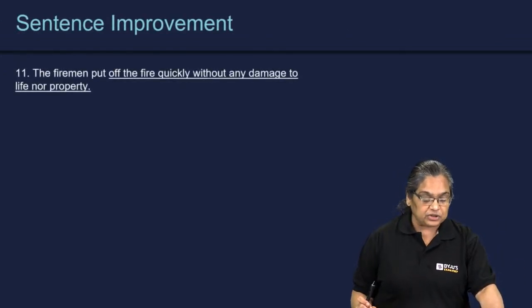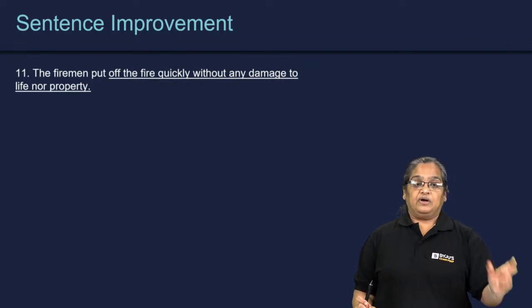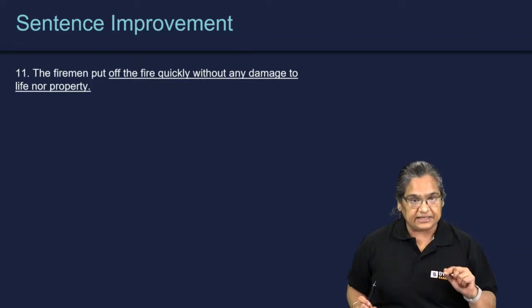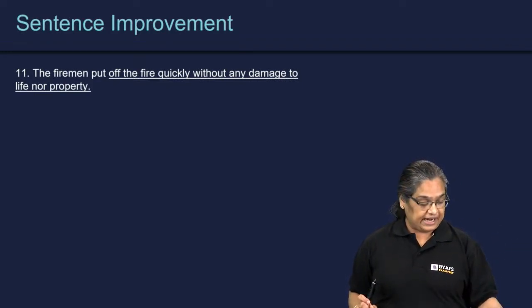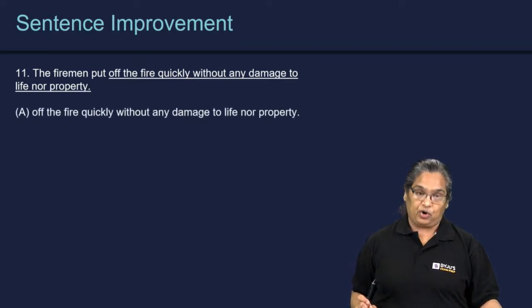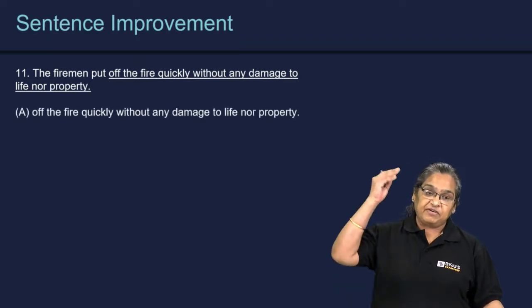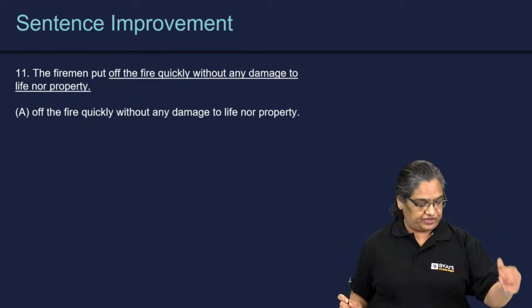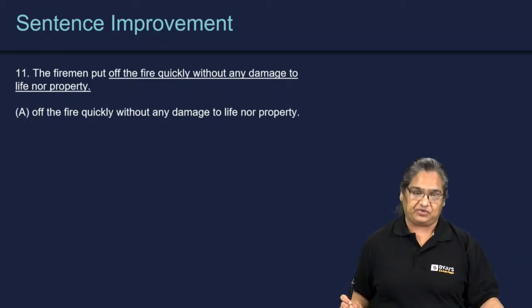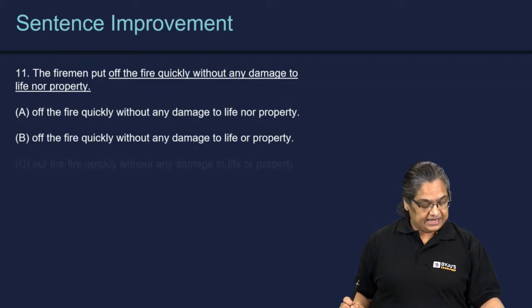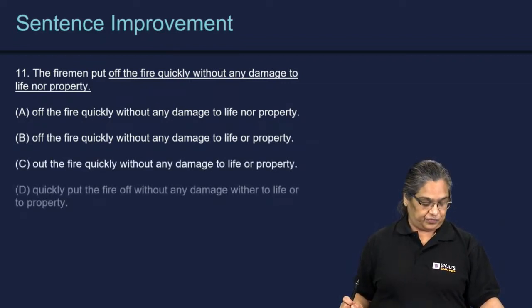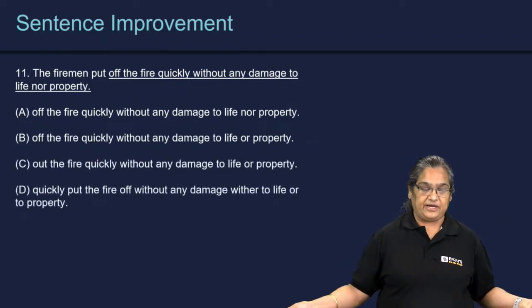So now let's move on to sentence improvement. A part of the sentence is underlined, and you are given options. Generally, the first option is a repetition of the underlined part as it is. Okay, GMAT style. Sometimes they change. All right, so tell me which is the right one.